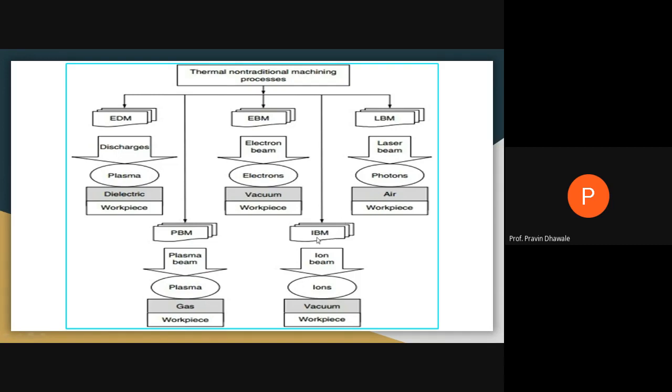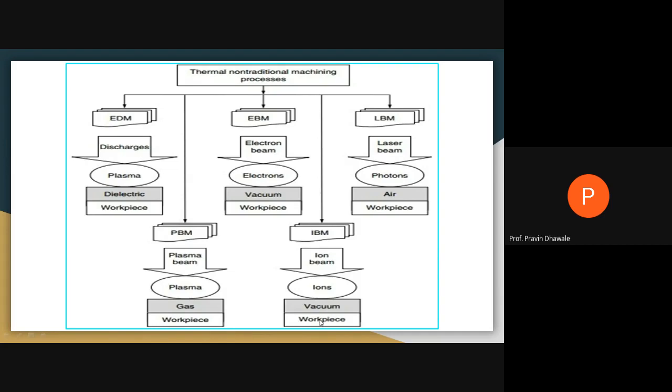Now next one, that is ion beam machining, where like an electron, you require the ions, and those ions will be formed from the beams, and those ions must impinge or strike on the workpiece so that they will remove the material from that particular area of the workpiece, and that workpiece must be kept in a vacuum.